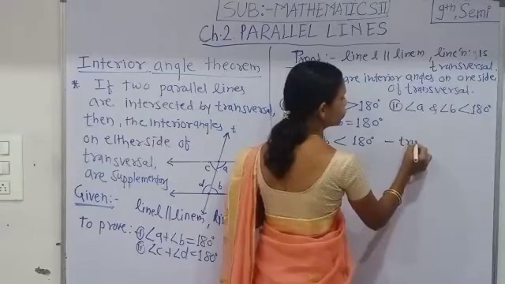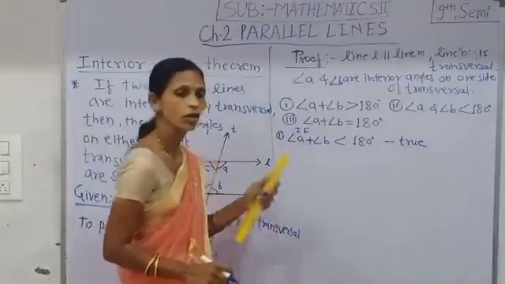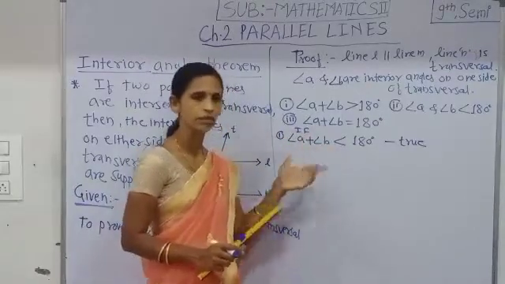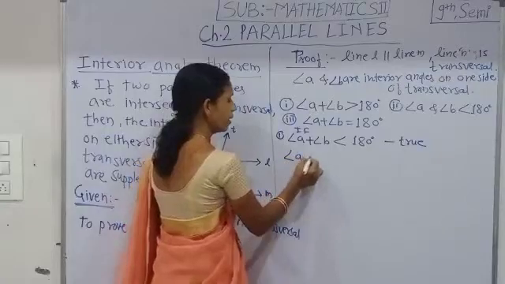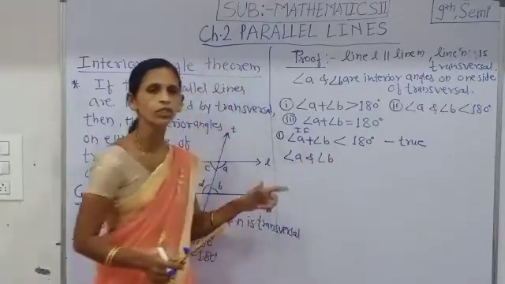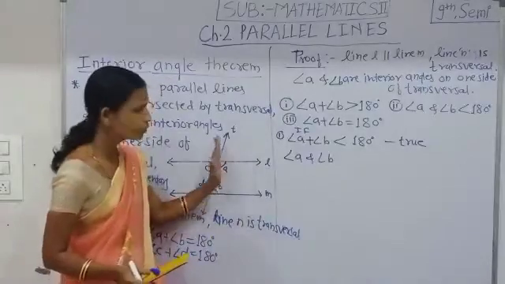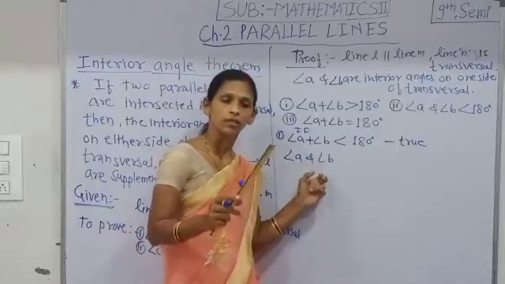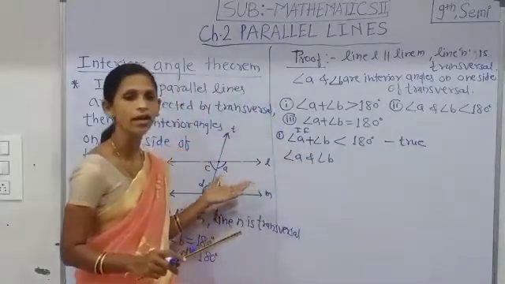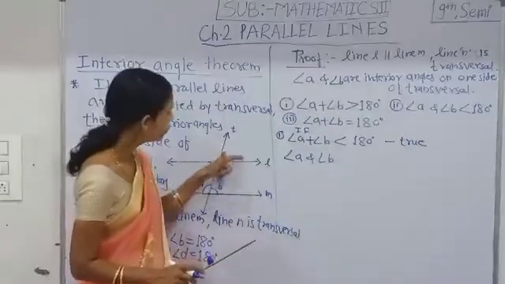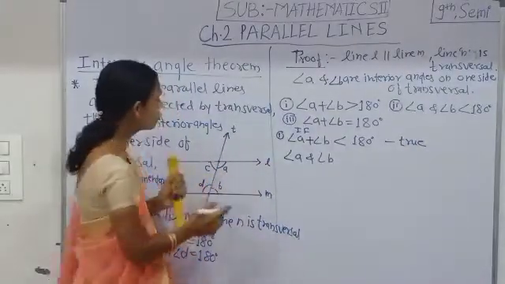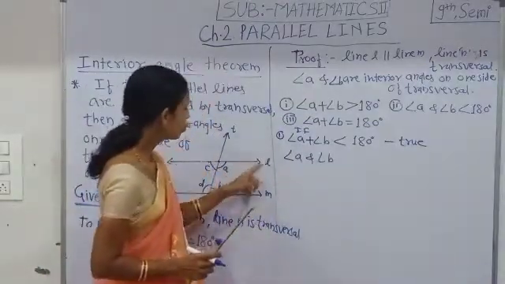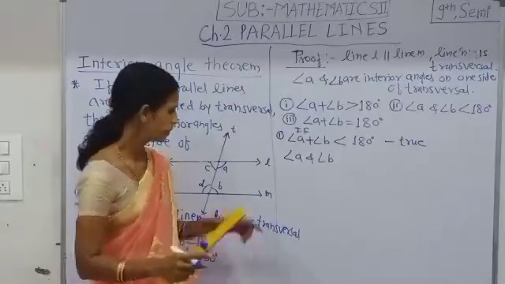If it is true, then according to Euclid's postulate, if line L and line M are produced on the side of those interior angles, then those lines should intersect each other.